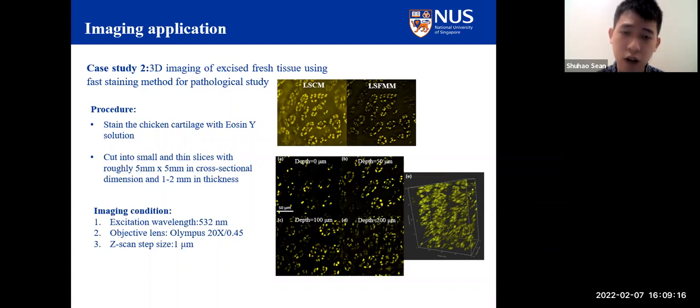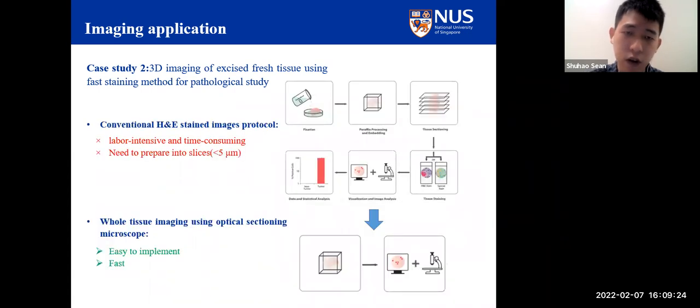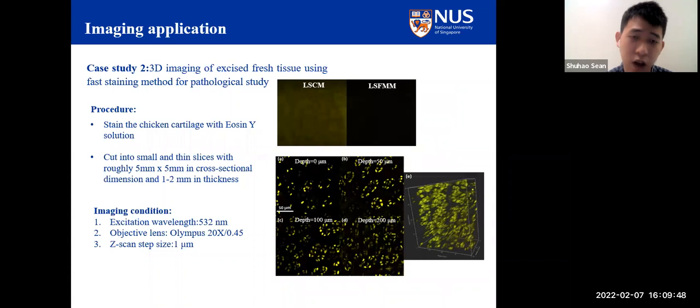The other tissues are live tissues cut from excised tissues. I don't know how it works in a hospital or for a pathologist, but in our case, we cut it into a very uniform shape, then mount it on a glass slide, and this can be used for microscopic imaging.